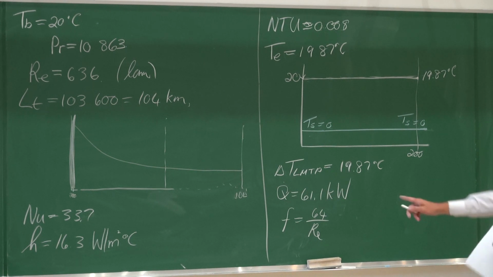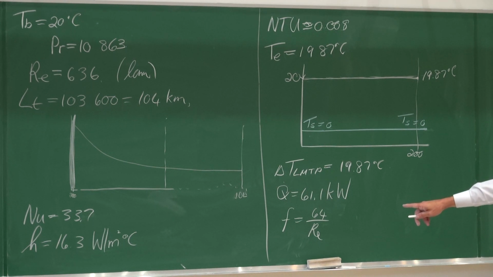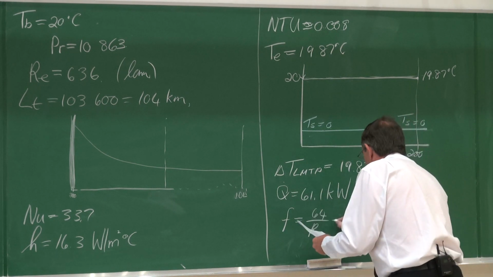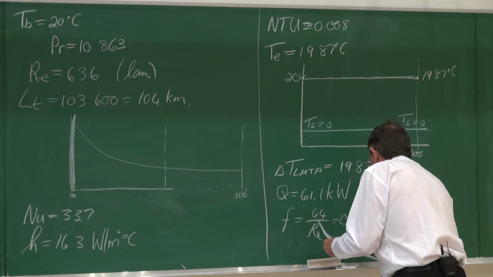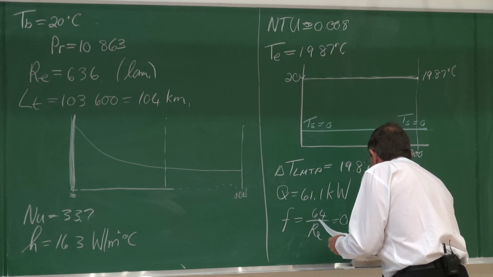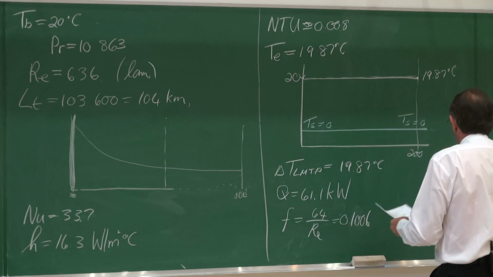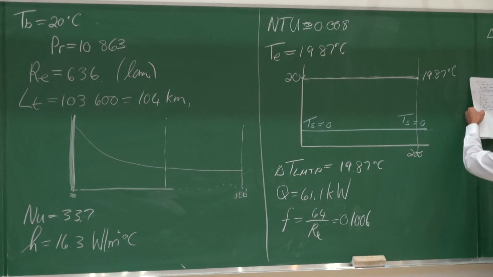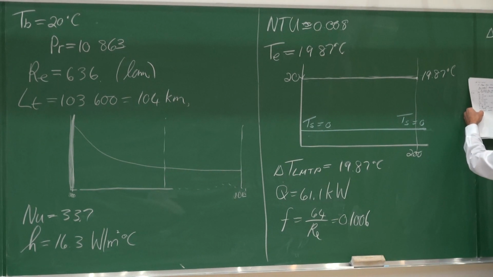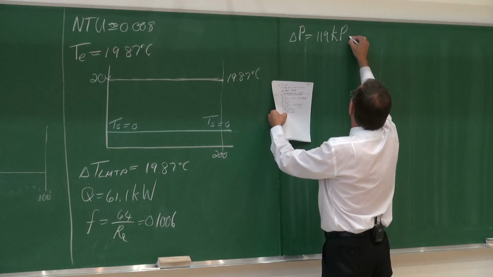But it should be more than that. Do you agree? Of course, it's developing. So if you do that, it would be equal to 0.1006. And if you calculate the pressure drop, the pressure drop is going to be 119 kPa.